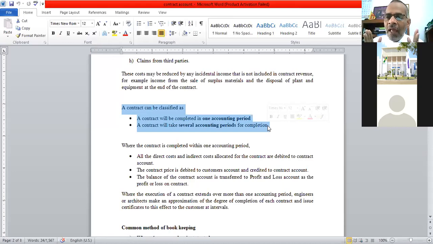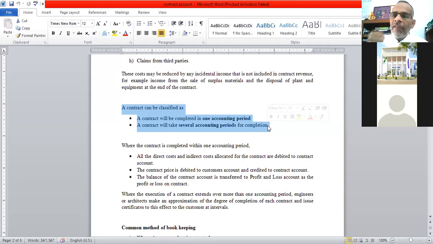Good idea. Our starting point is April and the period ends in March. That is the accounting period. Say a contract started in June and finished in December. Our contract is six months, completed within our accounting financial period.